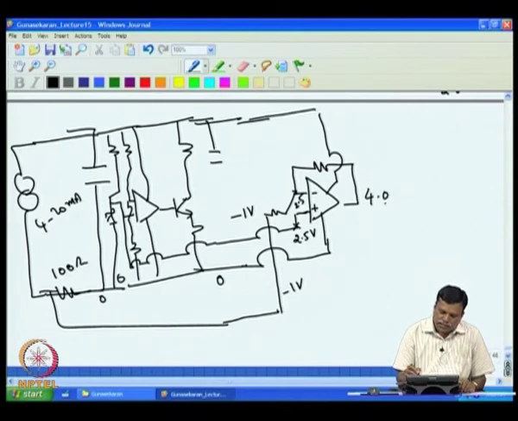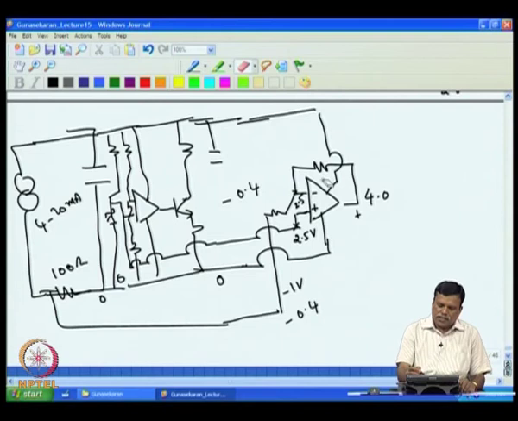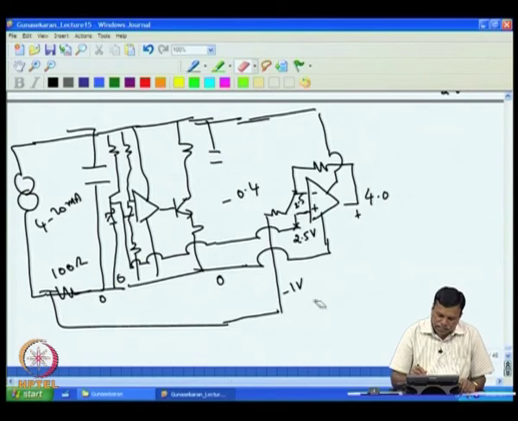So at minus 1 it is plus 4 volt, then when it goes to minus 0.4, the current is low, so you have minus 0.4, and you will get a 2.9 volt difference. There is one small mistake. Actually, in the earlier case, assume we get minus 1 volt.